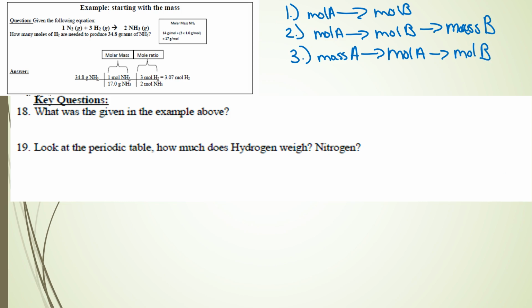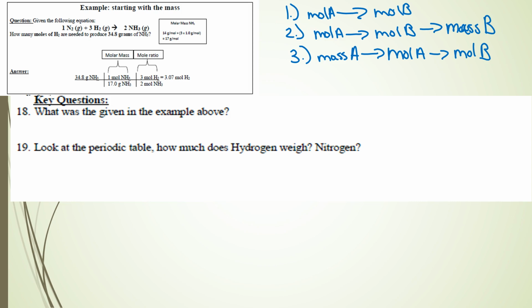So notice this one. I'm going from mass of A to mole of A to mole of B. So I'm starting in mass this time, and I'm trying to get to moles. Looking at our process again, we have the same chemical formula, so it's balanced exactly the same.